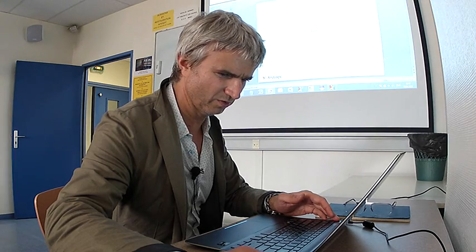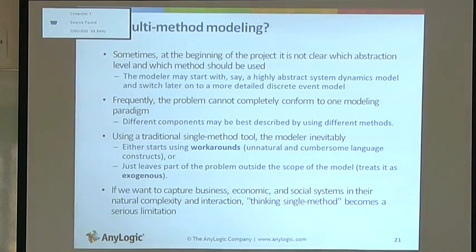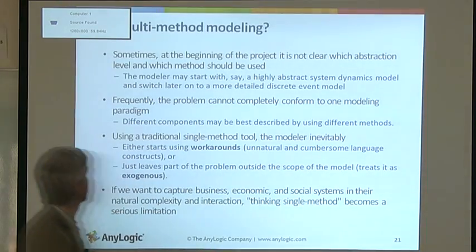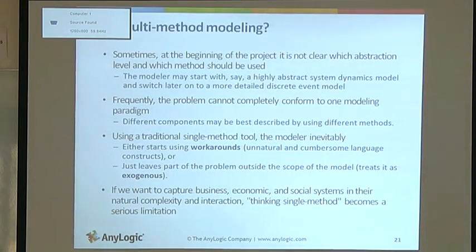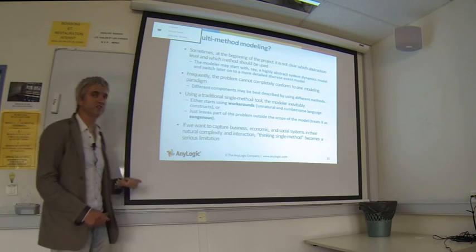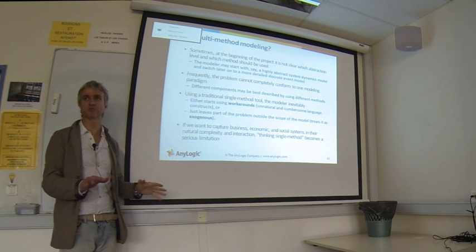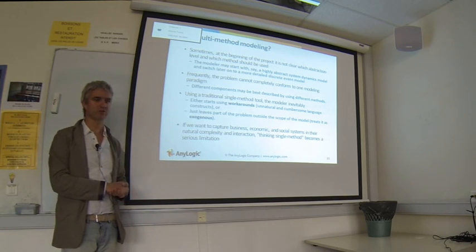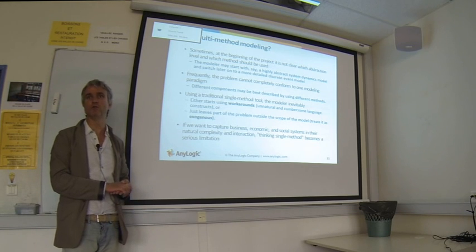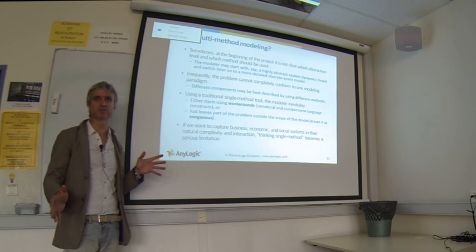Okay, so I'll go to the presentations in part 2. So, why multi-method modeling? A single method is good when you're given the real system that you are to model and you know what you're going to do. Okay, this is clearly a process.